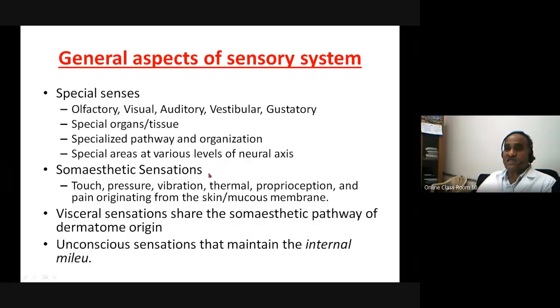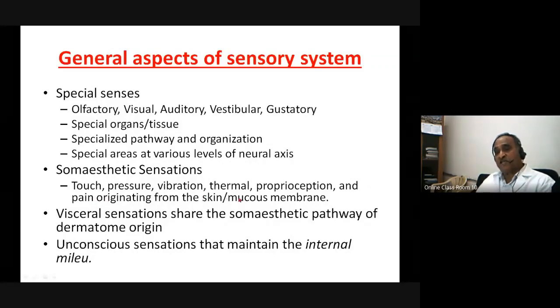These somesthetic sensations are the external sensations that the skin and the deeper tissues of the body detect. These are touch, pressure, vibration, thermal sensations, warmth or cold, and proprioception, that is the detection of position sense, and pain.